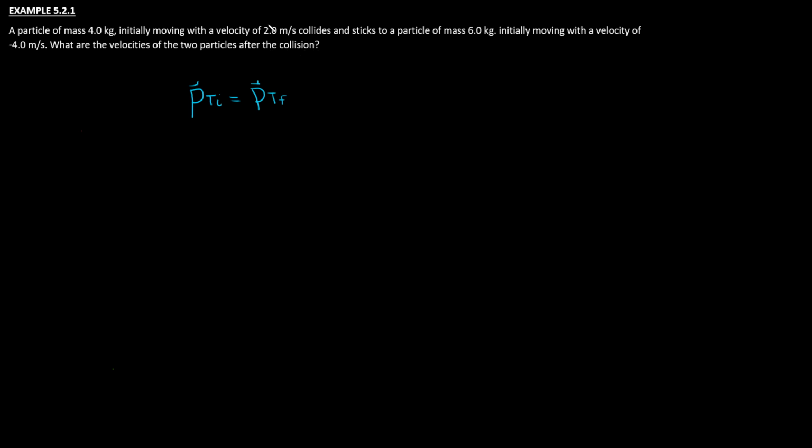Okay, so for the 2 meters per second, since it's positive, we'll call that forward. And then -4 meters per second, since that's negative, we'll call that backwards.